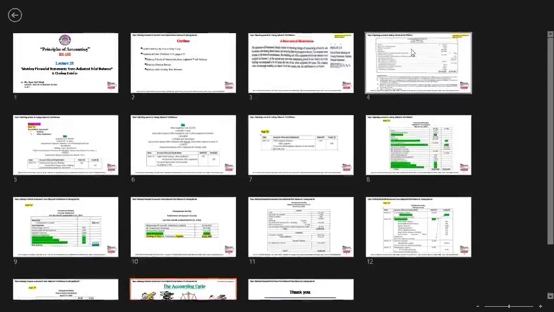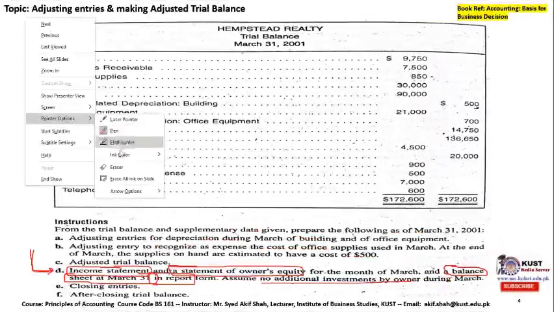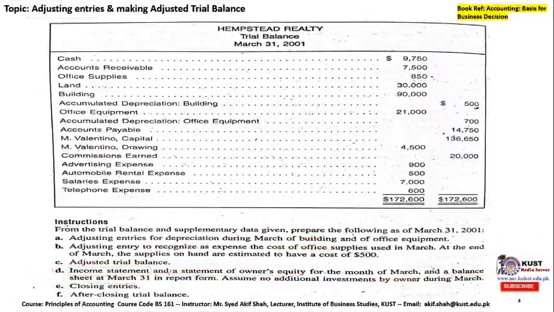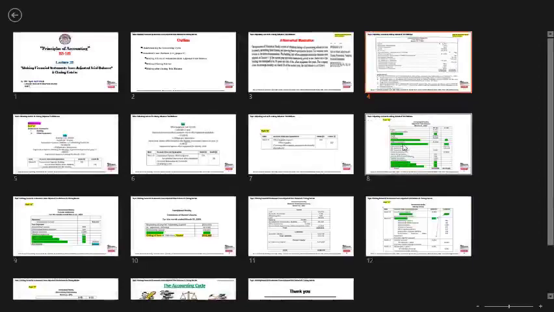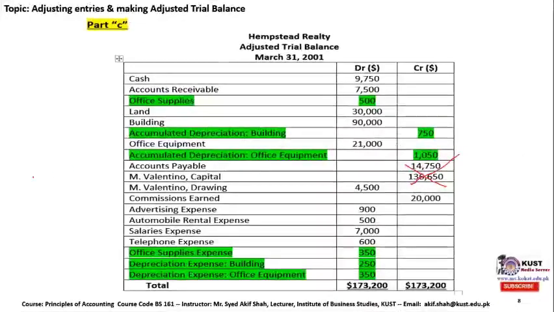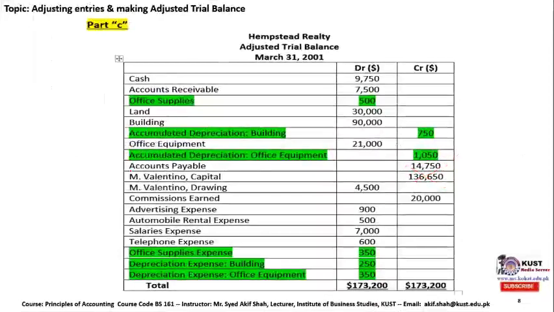Let's go back to the question instructions, and part E is expecting us to close down the entries. So it is requiring us to make the closing entries. For closing entries, you have to go back to the adjusted trial balance and find out the nominal or temporary accounts of this specific time period.